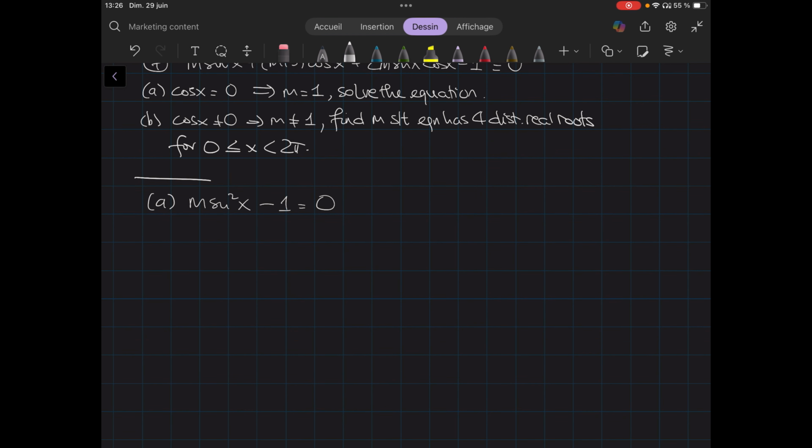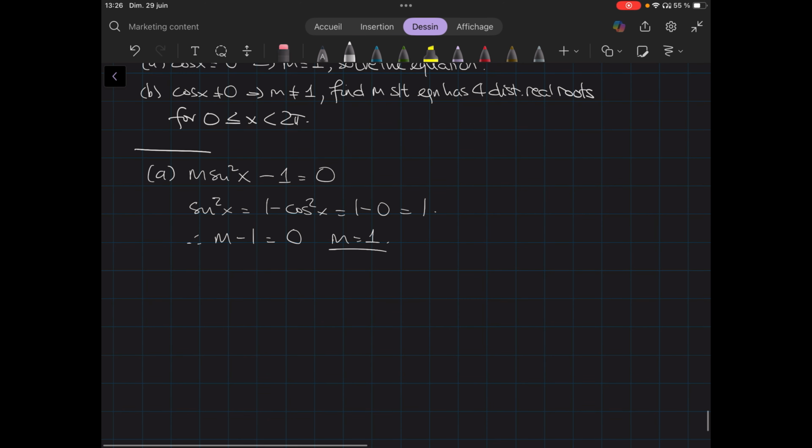If cos of x is equal to 0, then sine squared of x is going to be equal to 1. Therefore, the equation now becomes m minus 1 is equal to 0, or m is equal to 1. And cos of x is equal to 0 if and only if x is pi/2 plus k pi.